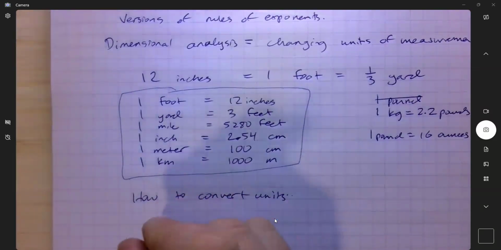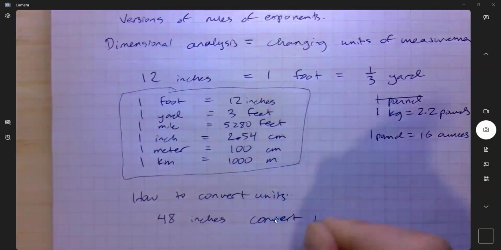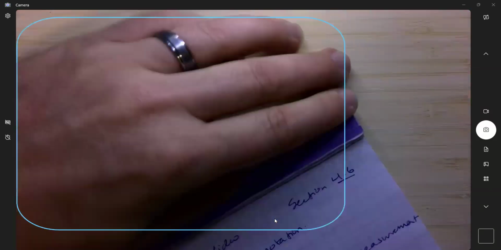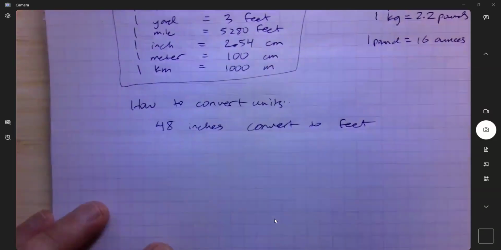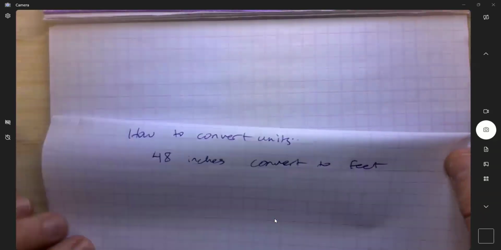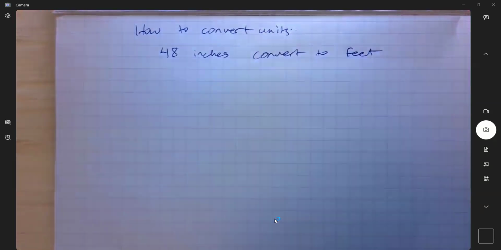So let's take 48 inches and convert to feet. I have a way that I'm going to recommend you use because it's flexible and it can handle all sorts of different types of conversions, especially the much more complicated conversions that you will get into both later in this section and in future math courses or other work that you may do.